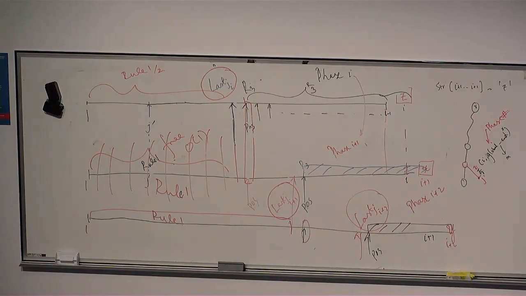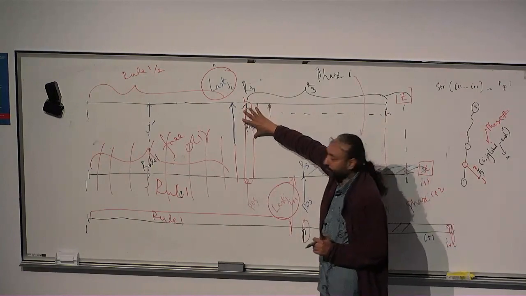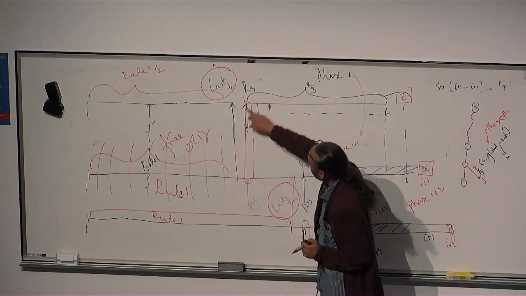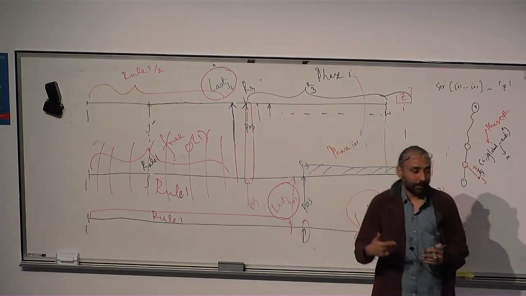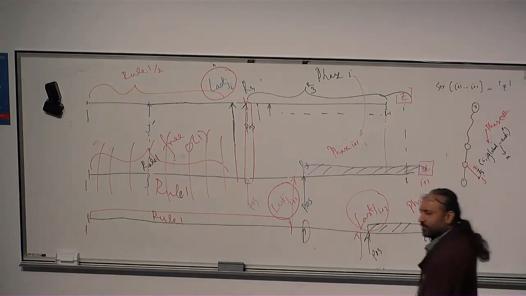Between two successive phases, you have at most one position where you do an explicit repeat of that process of whether it's a rule 1, rule 2, rule 3. If that observation is true, how many phases do we have?